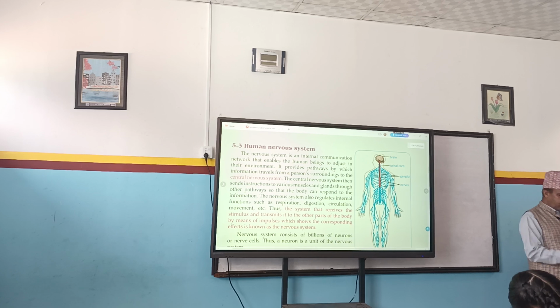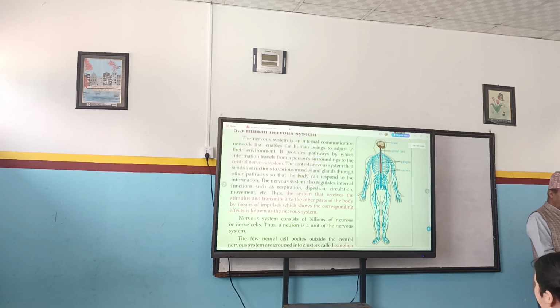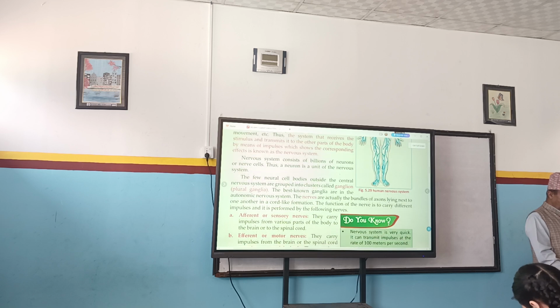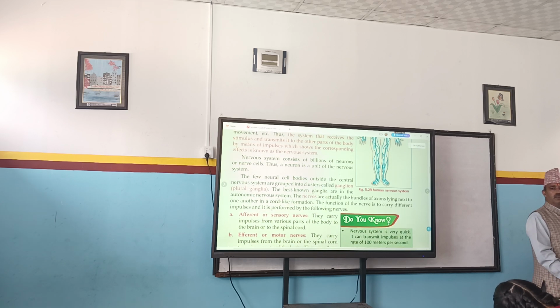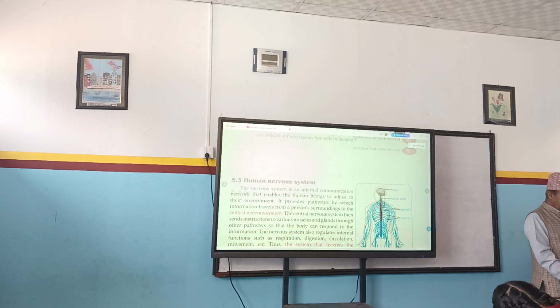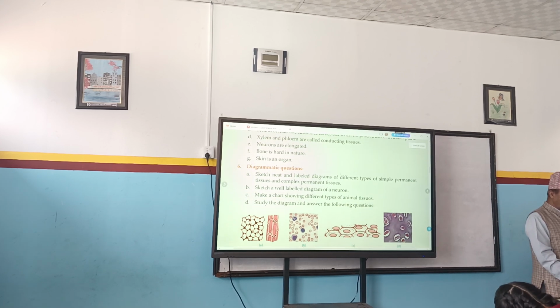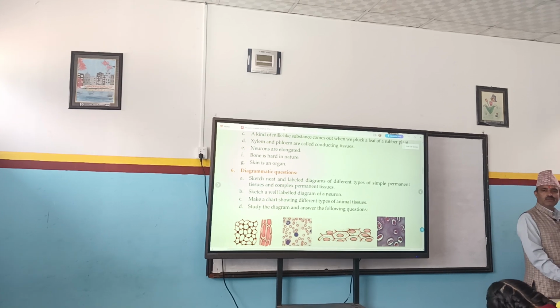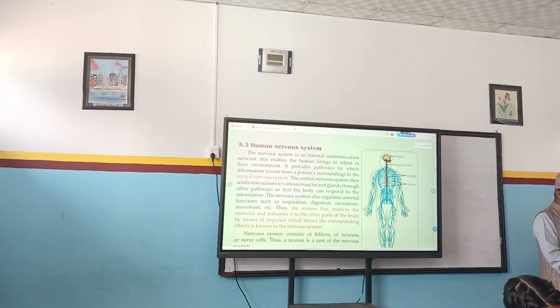Tomorrow you have to submit your question answer copy. Okay, roll number 1. First paragraph, human nervous system. Question number 6 ABCD, those are drawings. So drawings they have to do. Okay, I was saying about this.